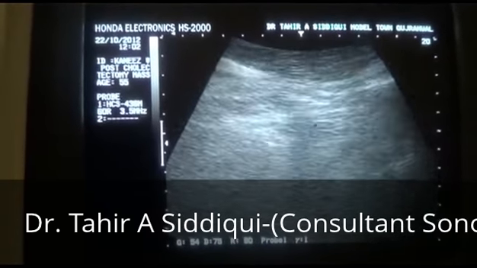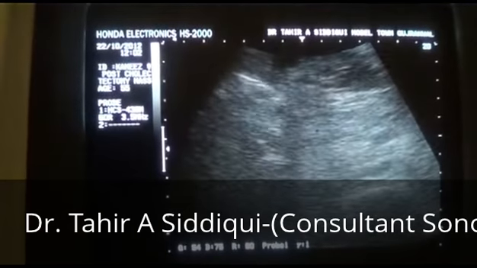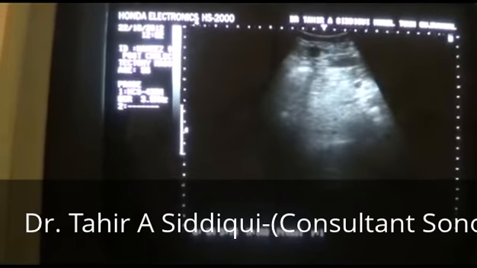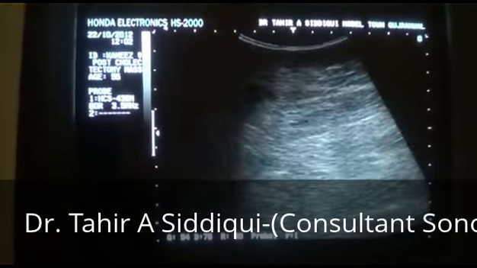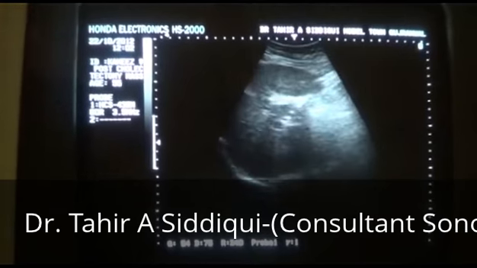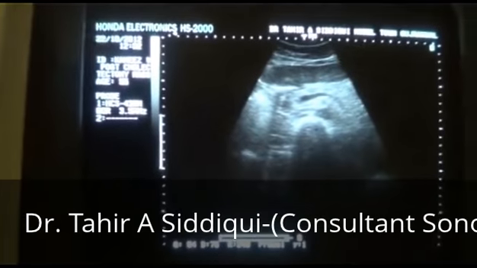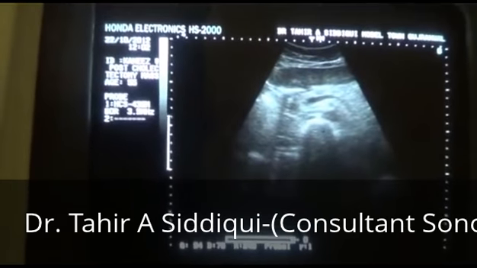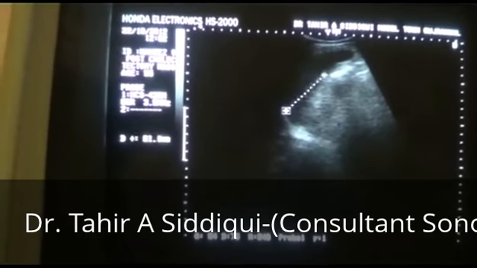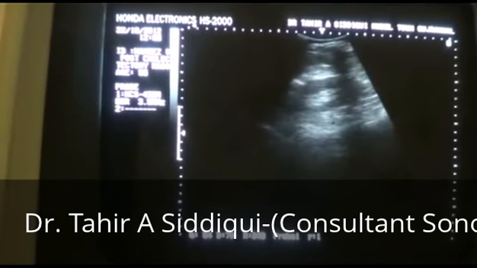If I come down, these echogenic areas that we were seeing just below the subcostal region do not cross the midline, do not relate to any other organ. There is no pleural effusion, there is no para-aortic or flank lymphadenopathy. The spleen is normal in dimension, 10.5. The kidney is normal.